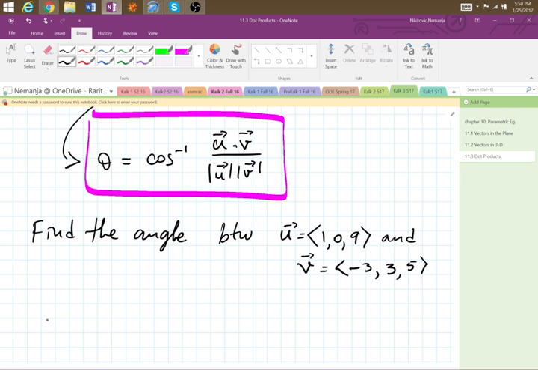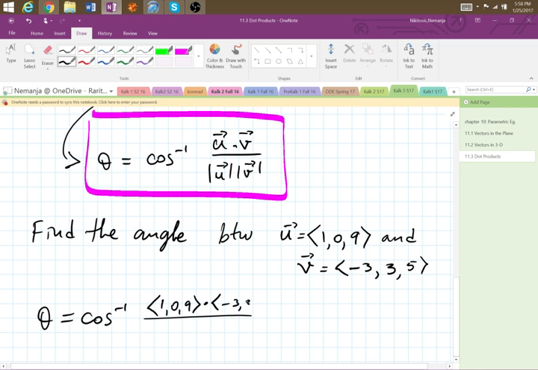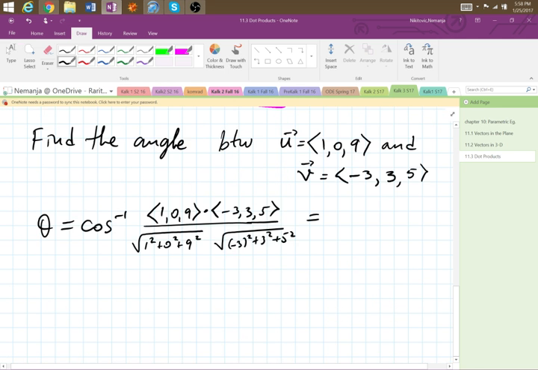So we have theta equal to inverse cosine of the dot product, which is 1, 0, 9 dotted with negative 3, 3, 5, divided by the multiplication of magnitudes, which is the square root of 1 squared plus 0 squared plus 9 squared, and then the square root of negative 3 squared plus 3 squared plus 5 squared. The cosine inverse stays for now.